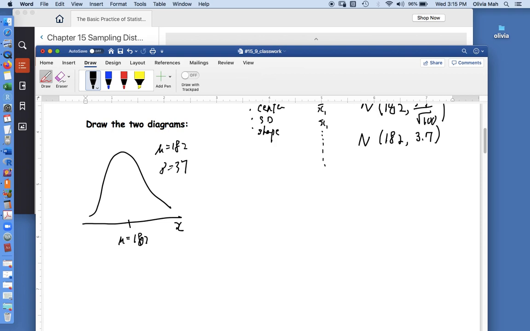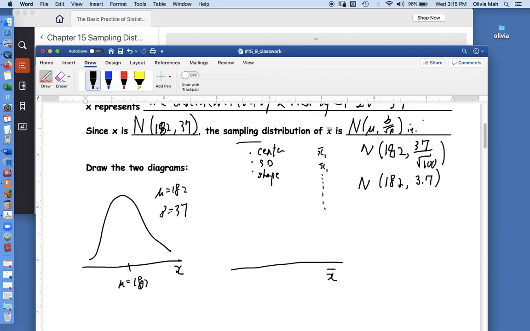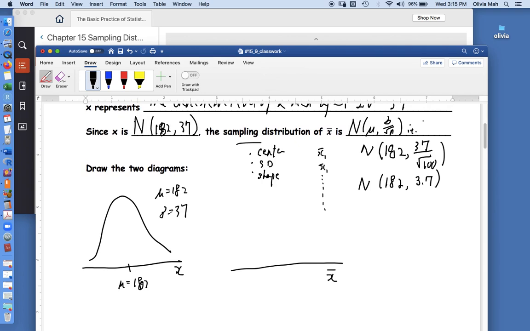Next, I'd like you to draw a diagram for the histogram of all the sample means. You notice that 3.7 is the standard deviation of all the sample means.